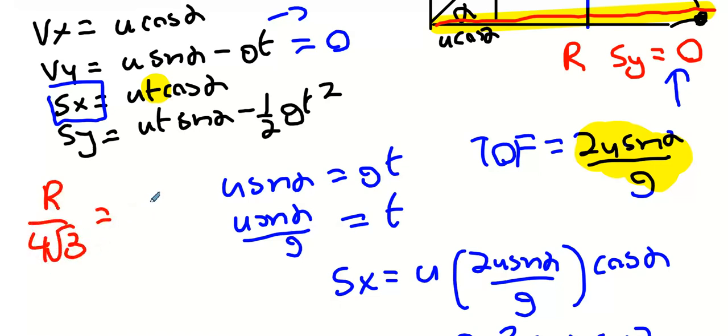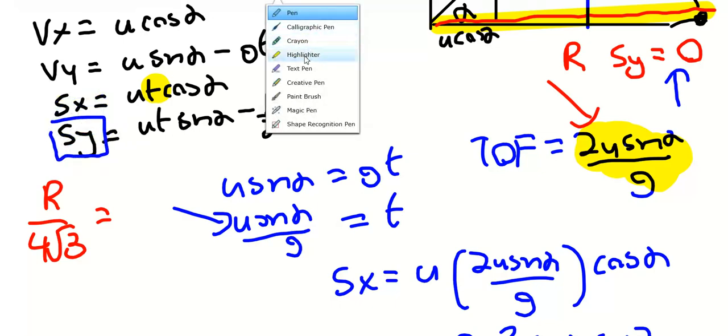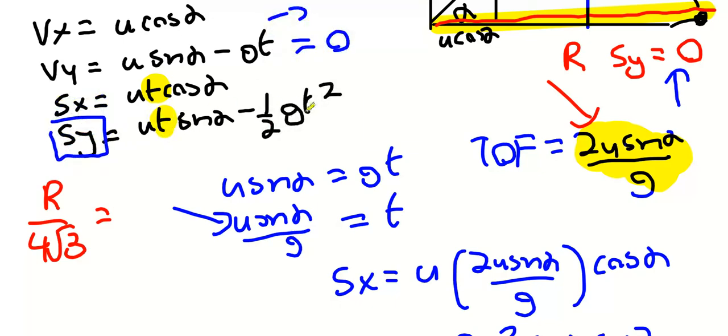At what time does that happen? The greatest height. Does the greatest height happen at the red line or at this blue one here? It's the blue one, because it takes half the amount of time. So we're going to sub it into the sy equation. Anywhere I see t, what's it going to get replaced with?